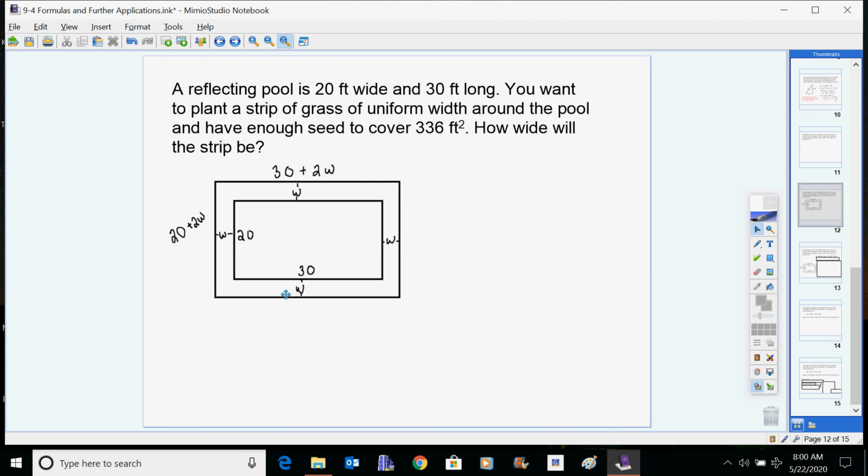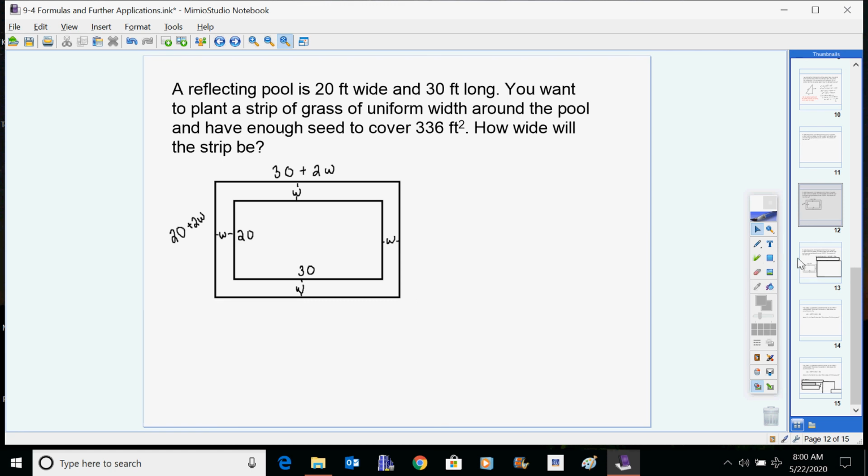But what you have to keep in mind is that the inner part doesn't get the grass seed. So when you're setting up the problem, you're taking the area of the whole outer rectangle, but you're subtracting out the inner area that doesn't get the grass seed. So your equation looks like (20 plus 2W) times (30 plus 2W) minus 20 times 30.